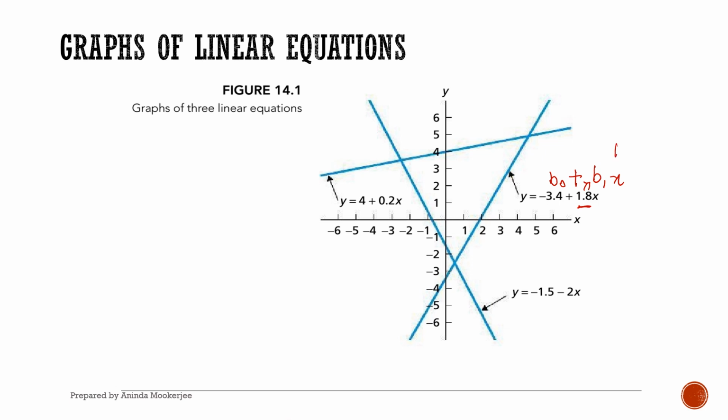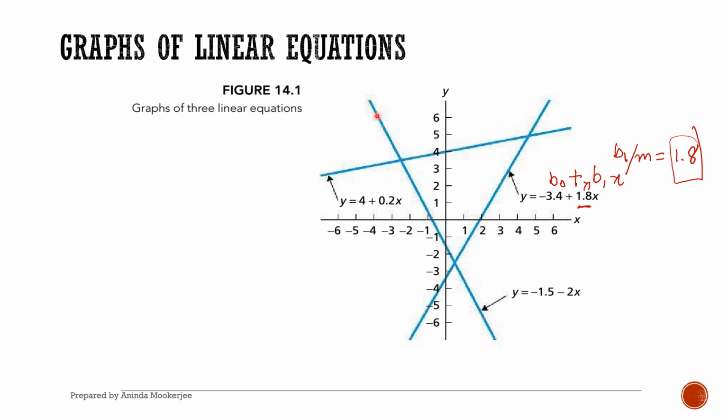So b1, which again also represents m, has a value positive 1.8. Now, when the slope is positive, then the line will rise up from left to right. So the line slopes or rises from left to right.